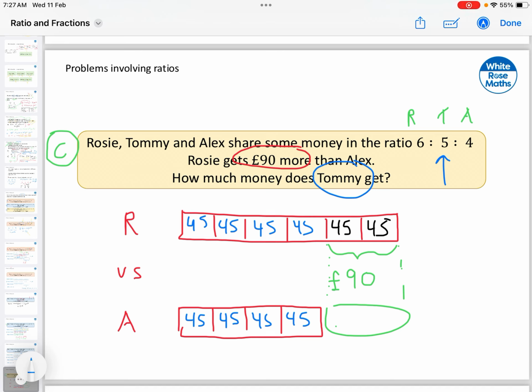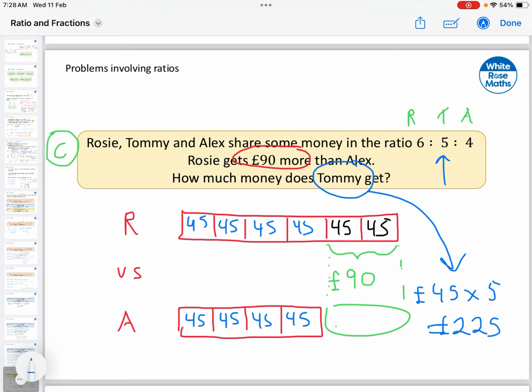So if Rosie has 6 parts, each with a value of 45, and Alex has 4 parts, each with a value of 45, then for Tommy we can say something similar. Each one of his sections has a value of 45 pounds, and he has 5 of them. So if we do that multiplication, then we know that Tommy is receiving 225 pounds.